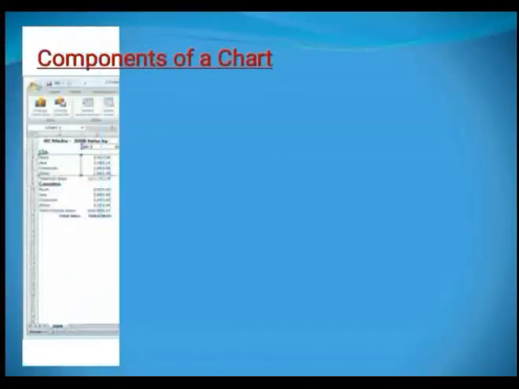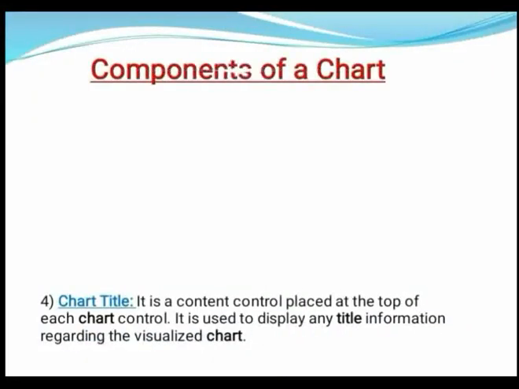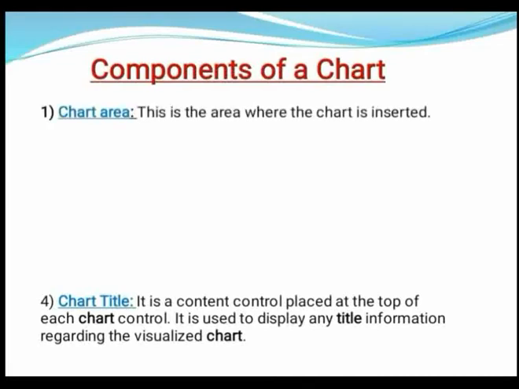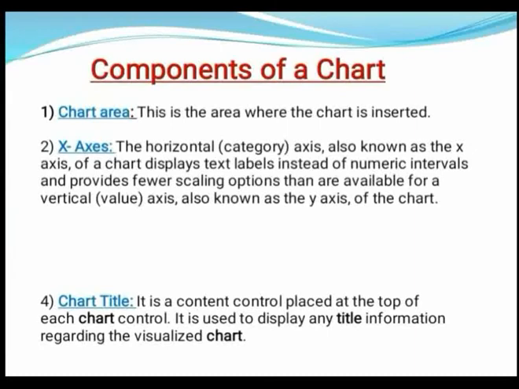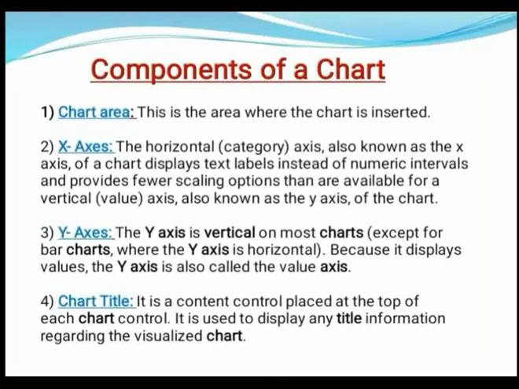Let's learn about the components of a chart. First, chart area. This is the area where the chart is inserted. Second, x-axis. The horizontal axis, also known as the x-axis of a chart, displays text labels instead of numeric intervals and provides fewer scaling options than are available for a vertical axis, also known as the y-axis of the chart.